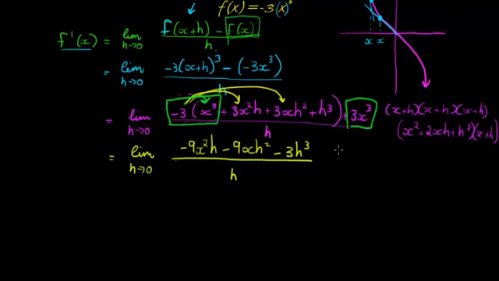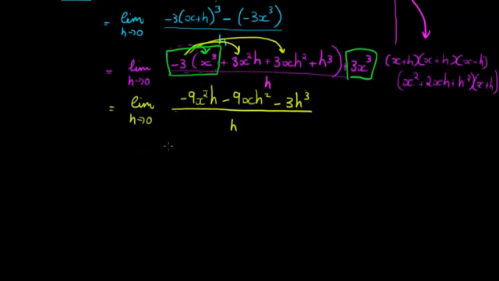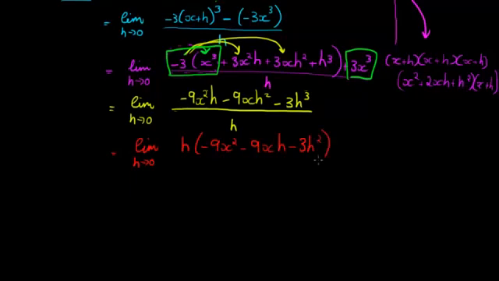They will always cancel, and what we are left with is actually every term in the numerator with an h. Now that's brilliant because that allows us to take out h as a common factor. So let's do that. If I take out h as a common factor, I get h times (negative 9x squared minus 9xh minus 3h squared).